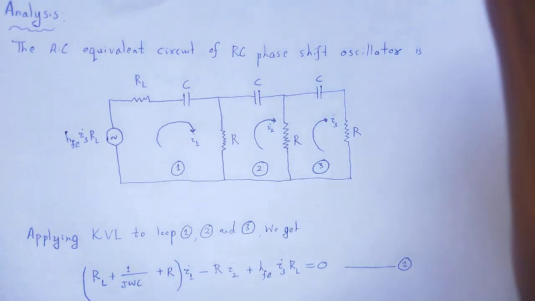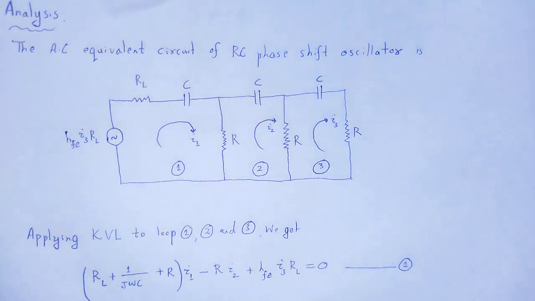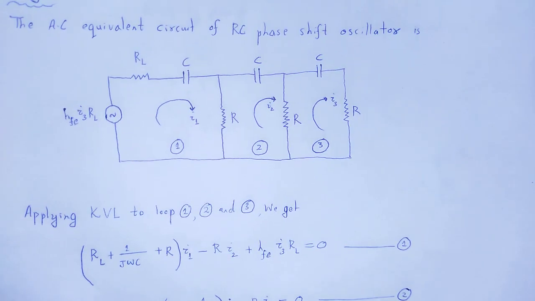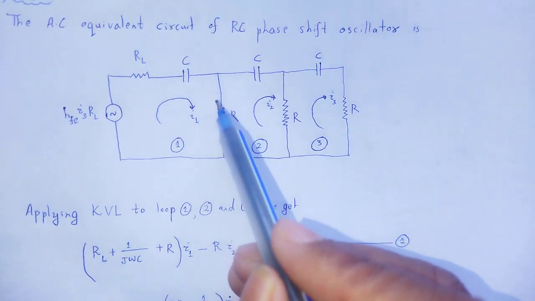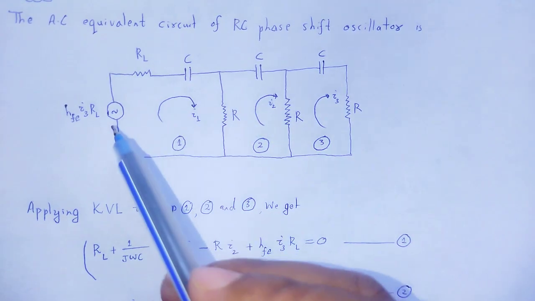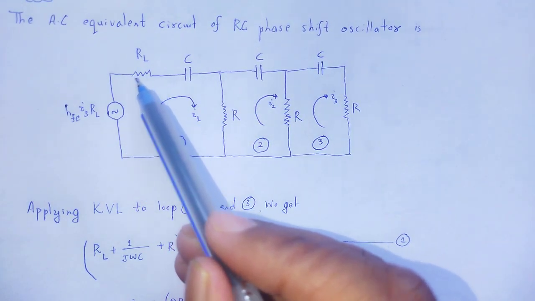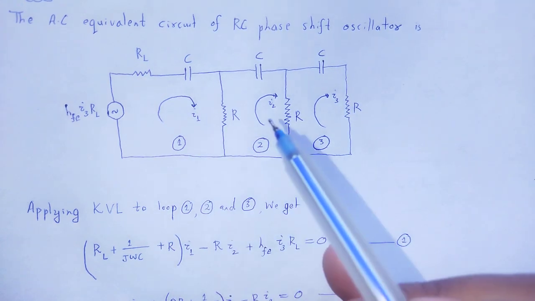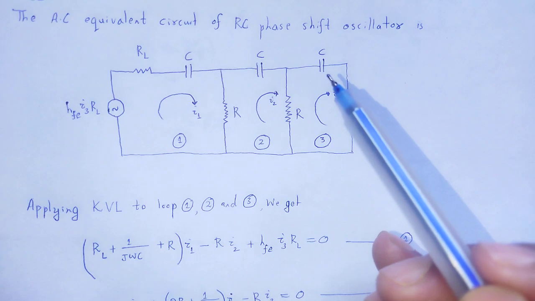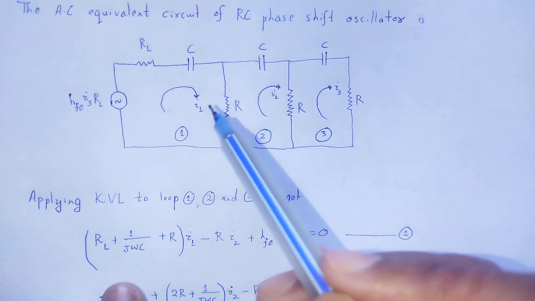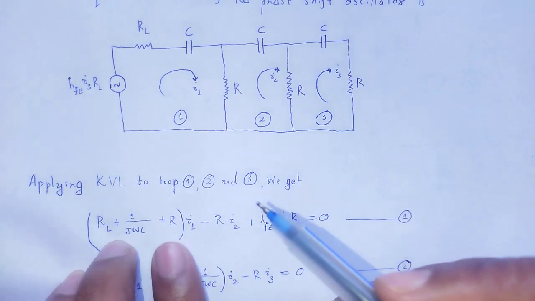In the first loop, we apply Kirchhoff's voltage law. The sum total of voltages around the loop will be 0. In RL, the voltage drop is RL into I1.